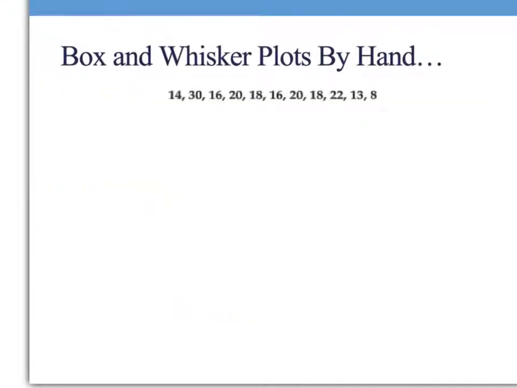So if we're going to draw a box and whisker plot by hand, the first thing we need to do is make sure that we rearrange the numbers in order from smallest to biggest.